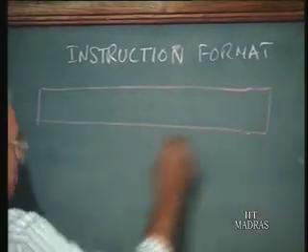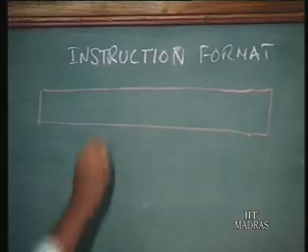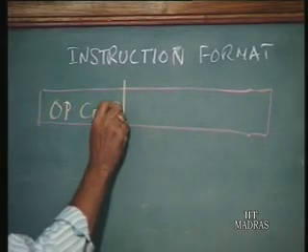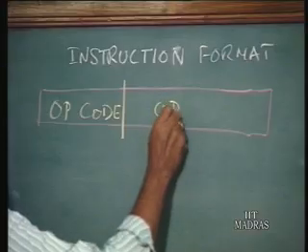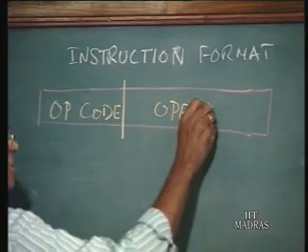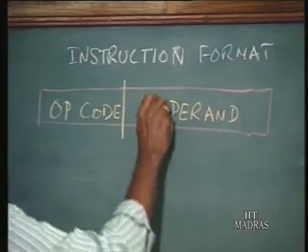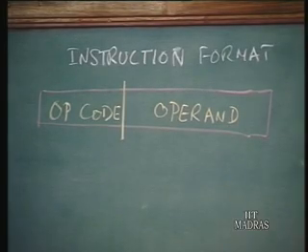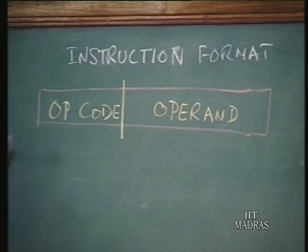One part of it is the opcode, which tells what the instruction is. The other part gives some information about the operand. Now how many operands and how these operands can be referred to will all depend on what exactly the instruction must carry out.